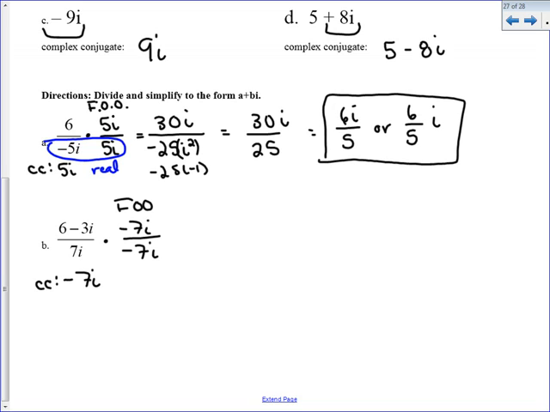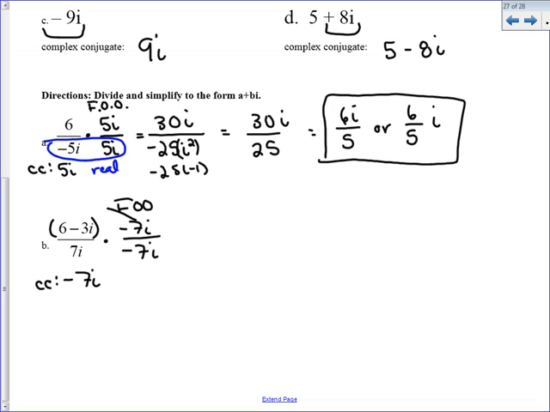Now my numerator is a binomial. Put all those binomials into parentheses. Personally I would just say, okay, binomial times a monomial, what are we going to have to do? Distribute. So you can go back, or if you need to rewrite it so the negative 7i is first, you can do that as well.